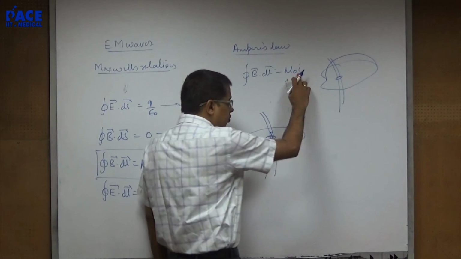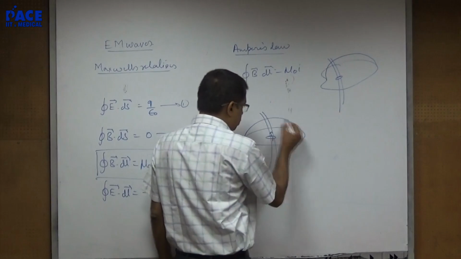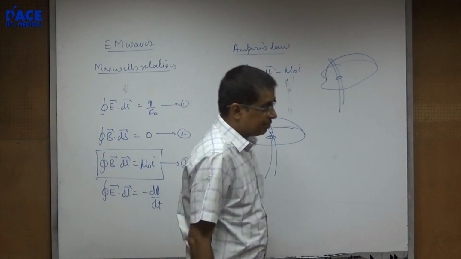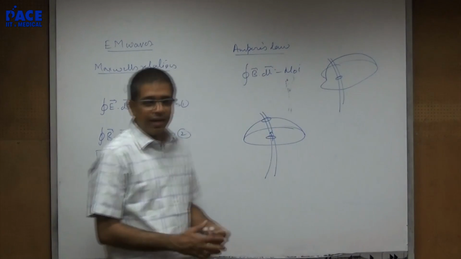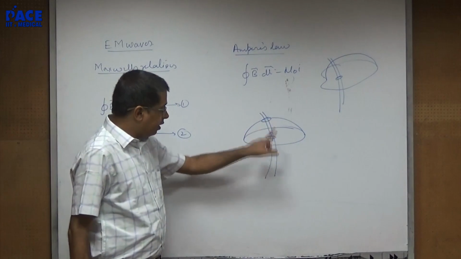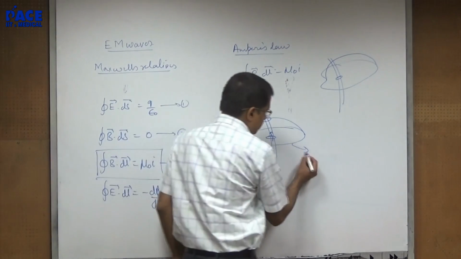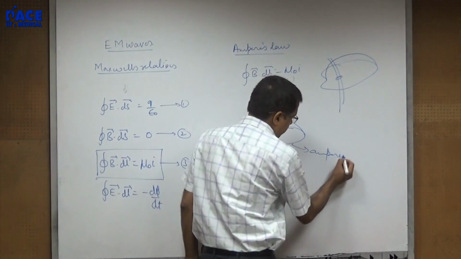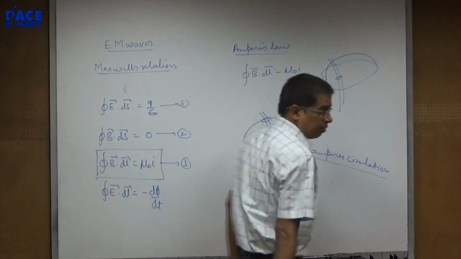But the surface through which current is passing need not be in the plane of the loop. The surface could as well be this. Right? The area through which current is passing need not be in the same plane as that of the Amperean circulation. This is the Amperean circulation.